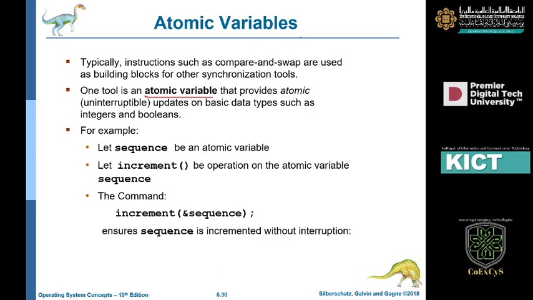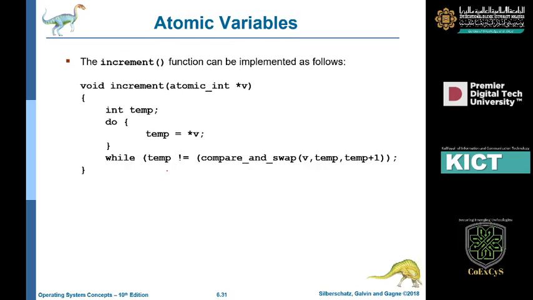An atomic variable basically provides atomic, or what we call uninterruptible, updates on basic data types such as integers or booleans, right? Meaning that once you are inside it, there is no way to interrupt it. This helps make sure that mutual exclusion is enforced.